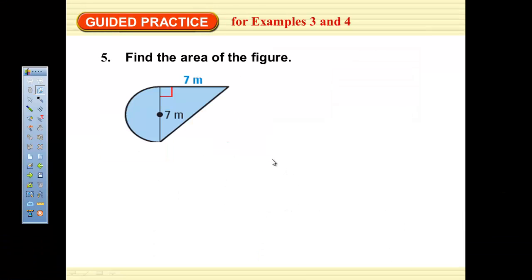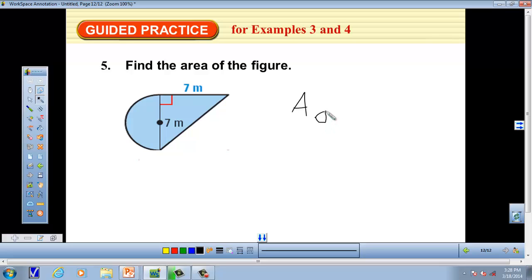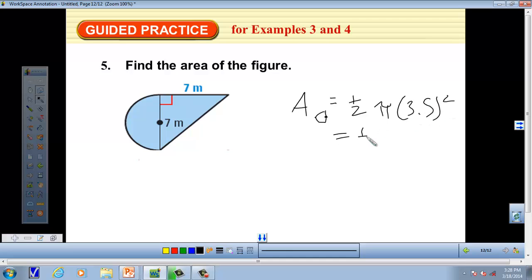Okay. And here's another one. We're going to have to find the area of this half of a circle plus the area of this triangle, and adding them together, we get the area of this part right here, which ends up being 1/2 pi, and the radius, we have a diameter of 7, so that makes the radius 3.5, so we'll do 3.5 squared.